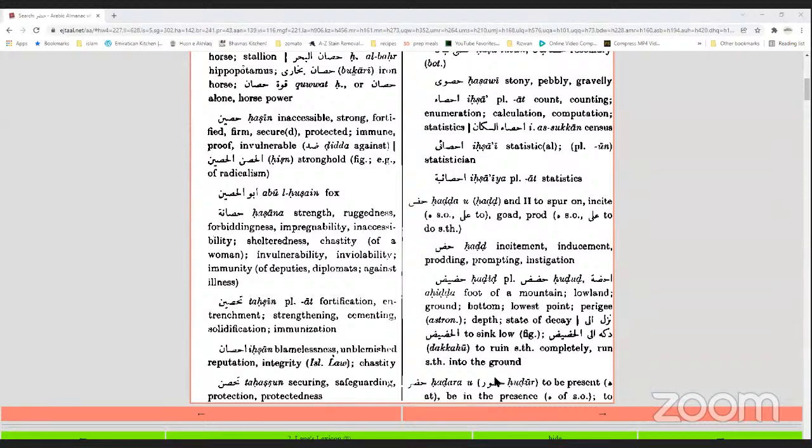Now this Masdar is based on which wazan? فعول.